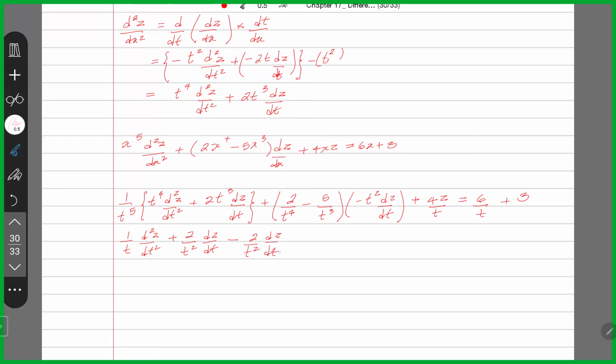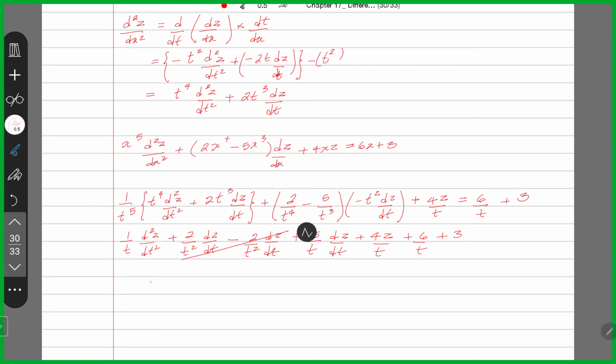Negative times a negative is a positive, 5 over t dz by dt plus 4z over t plus 6 over t plus 3. Then multiply everything by t.